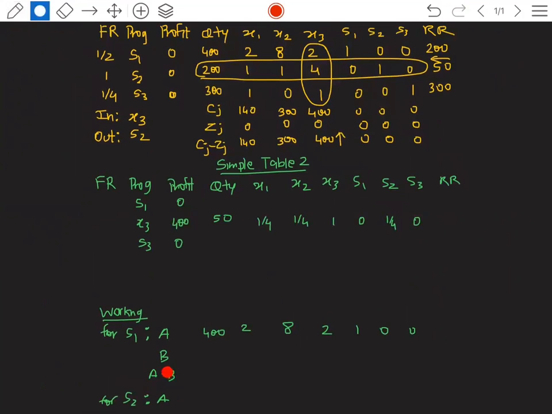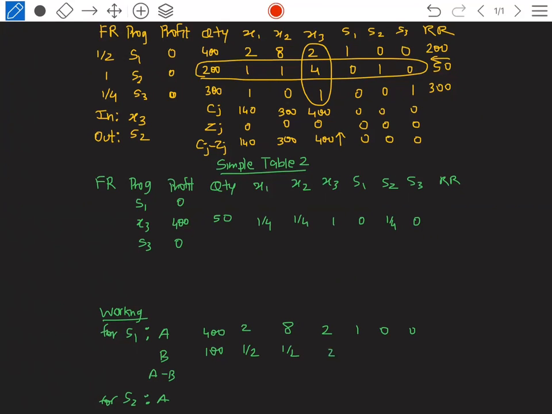Next we go for B, where B is simply the key row multiplied by S1's fixed ratio. So that's going to be 200 multiplied by half, 1 multiplied by half, again 1 multiplied by half. So we do that calculation and write down the B values, where we get 200 into half, which is 100. Then we have half, again we have half.